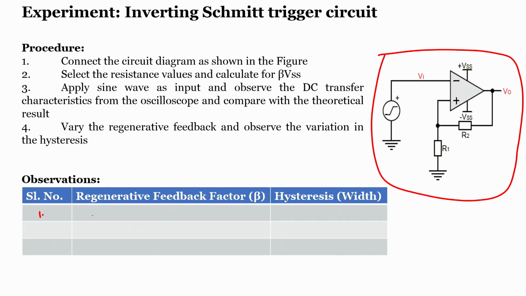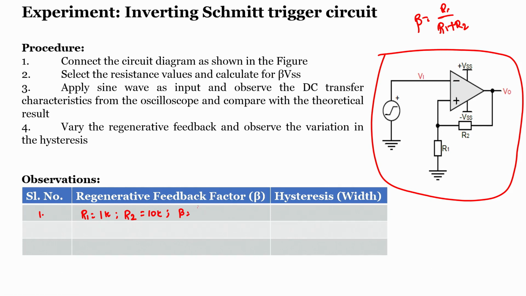First, I will consider R1 as 1 kilo and R2 as 10 kilo. As we know, the relation between R1 and R2 is beta equal to R1 divided by R1 plus R2.